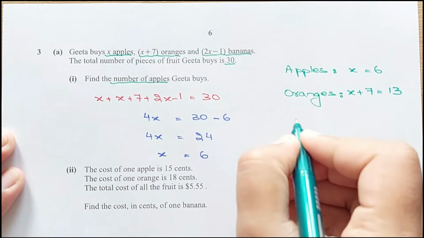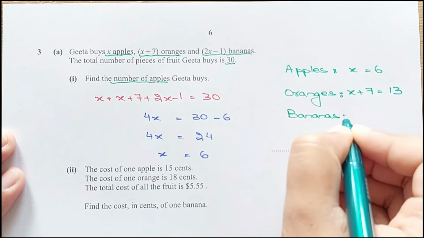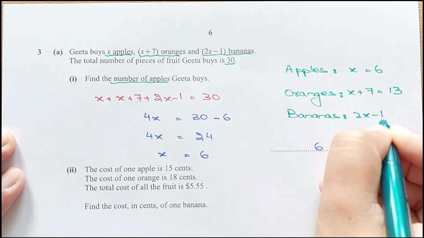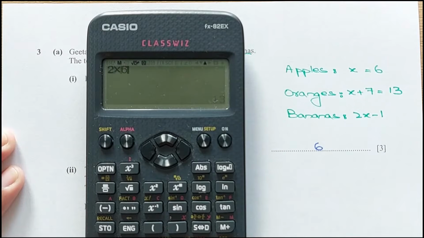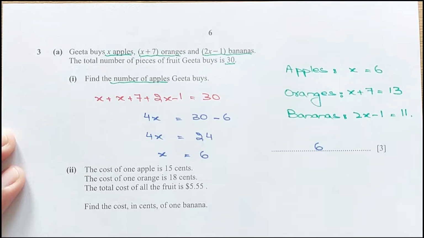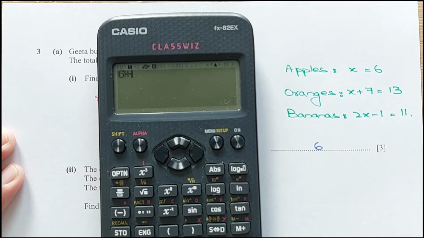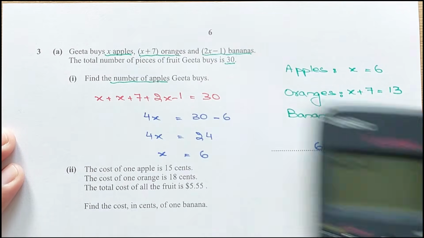And she buys bananas as well. How many bananas? 2X minus 1. So this is 2 times 6, subtract 1, that is 11. So she buys 6 apples, 13 oranges, and 11 bananas, and the total is 30. You can verify. That is 6 plus 13 plus 11, 30, right?